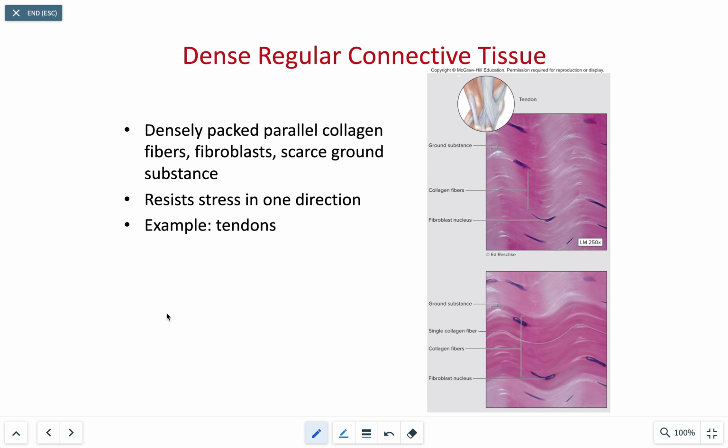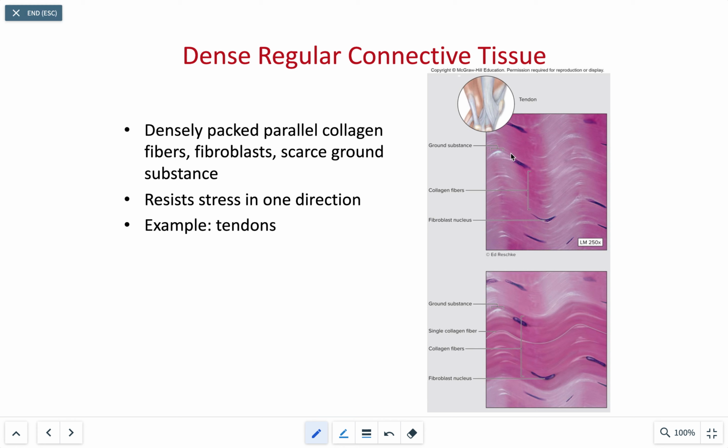So moving on to the next category, we'll be looking at the dense connective tissue. This is the connective tissue proper, and this is considered to be the category dense connective tissue. With the dense connective tissue, most of the volume of the tissue is occupied by fiber or collagenous tissue.